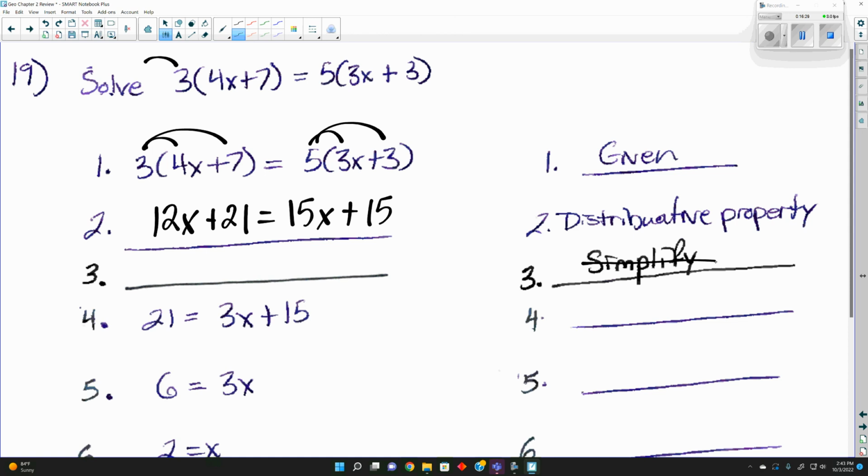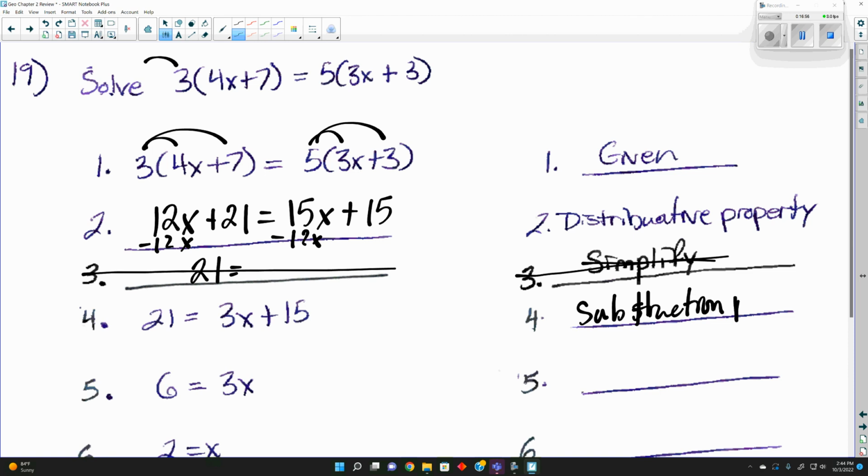Because we could say that here, so 21, we can subtract 12x from both sides, which will give us 21 is equal to 3x plus 15. So we really don't need that third step there because we subtracted, yes? So, subtraction property of equality.